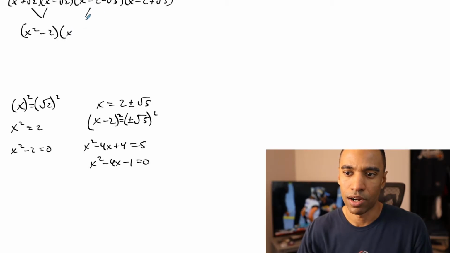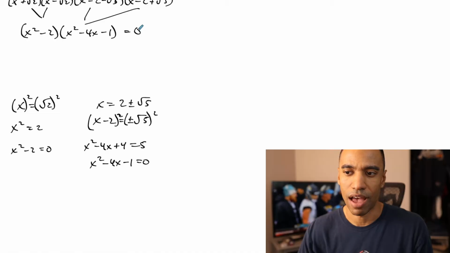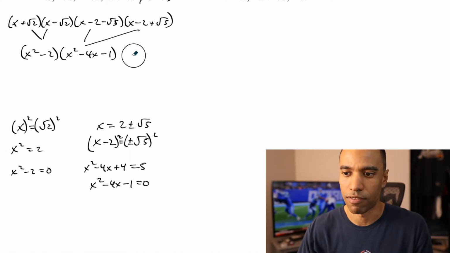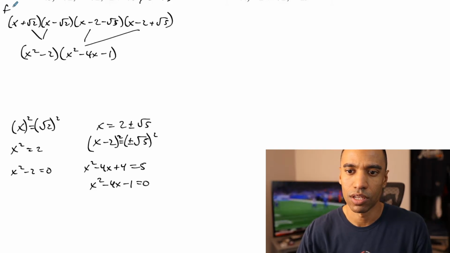So x squared minus 4x minus 1 is the distribution of that, without having to get into a 3 by 3 scenario. Whoops, not equals 0, just f of x equals.